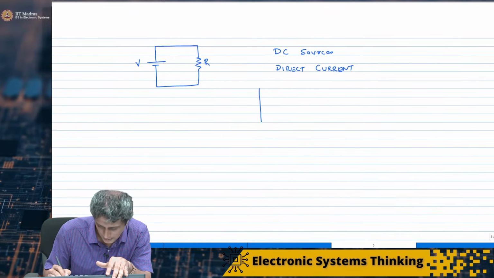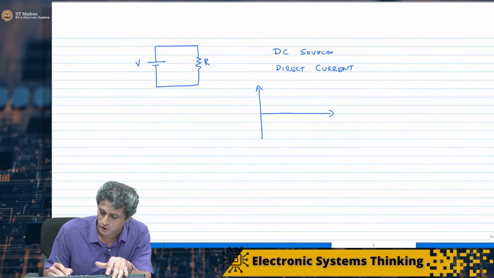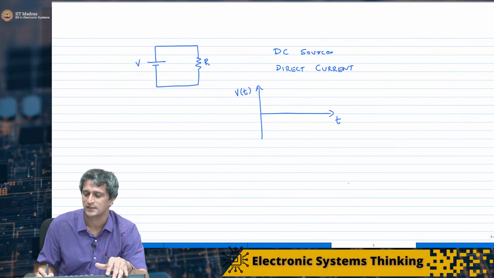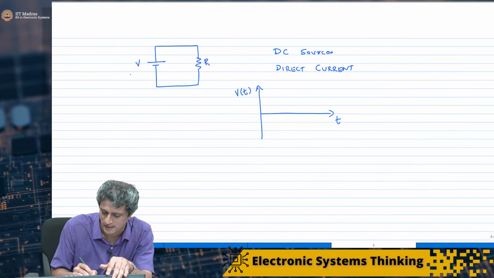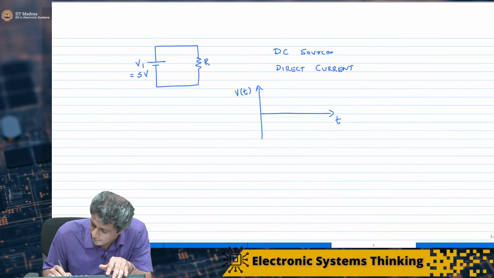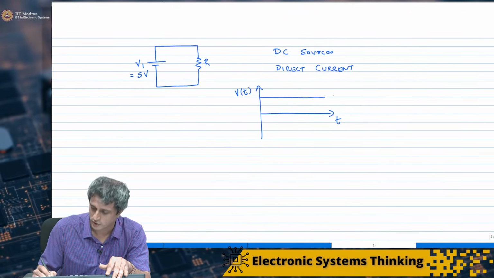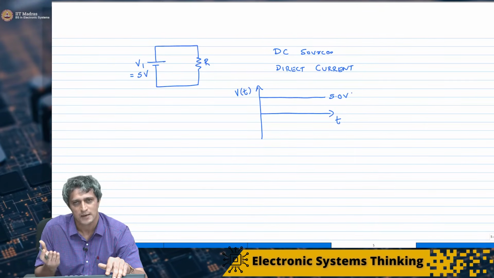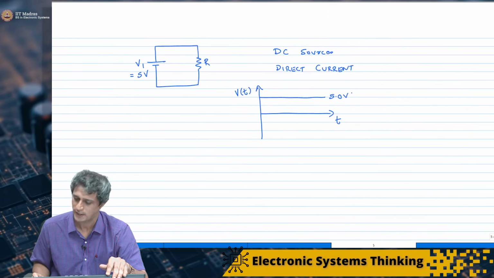It means that voltage is a fixed number as a function of time. So if I plot the voltage as a function of time, on the x-axis I am looking at time, on the y-axis I am looking at voltage. Let's assume that this is a 5 volt battery, V1 equal to 5 volts, and if I plot this voltage, I will get this much of voltage. So this will be 5.0 volt. There are other time varying voltages that we will look at later, but we will come to that at a later point in time.